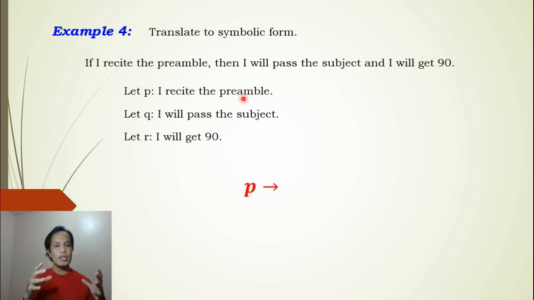That's why I enclosed that one with a parenthesis. This time, P is a simple statement, that's why it is a standalone statement. Then we have this compound statement that is connected by the word and. So we will have this symbolic form: Q and R. So when we translate this statement, if I recite the preamble, then I will pass the subject and I will get 90, this is P implies Q and R.